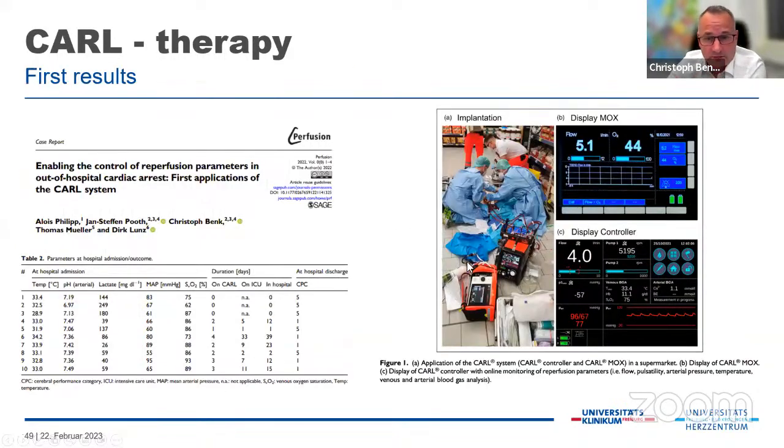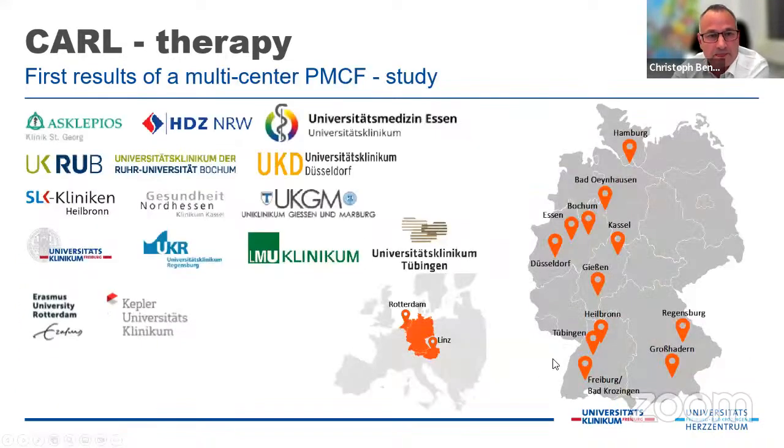We started in different hospitals in Regensburg. They did a really great job, published the first 10 patients with a survival rate of 50% and neurological recovery also of CPC 1 in all the surviving patients.